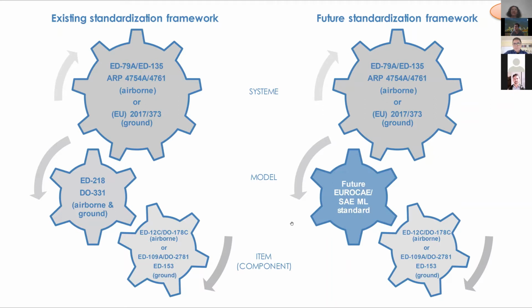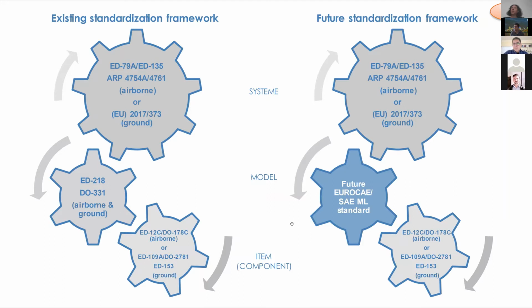So you see here how the future standard will come into the picture when it comes to the insertion and the interfaces with the other standards. So for the, let's say, classical software development, you know, the system level standards, the model level standards, and the item components. And every time you have, as I said, slightly different documents for airborne and for the ground.